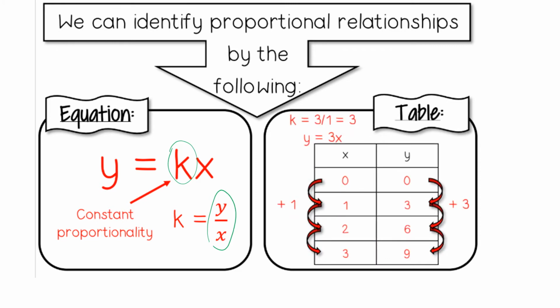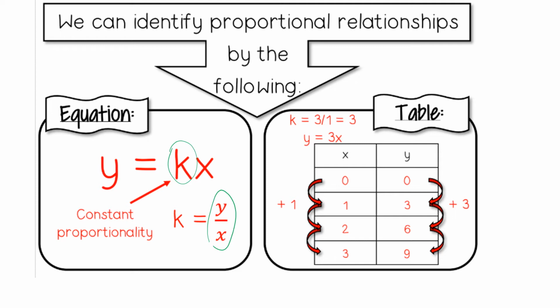Here's our table. So in our table, we start with 0 for the x and 0 for the y. And each x value, we add 1, and each y value, we add 3. And what happens here is, I'll erase this, what we get is a relationship here.